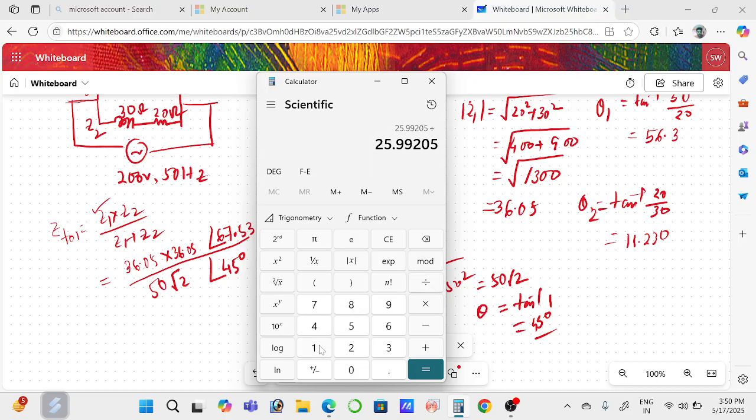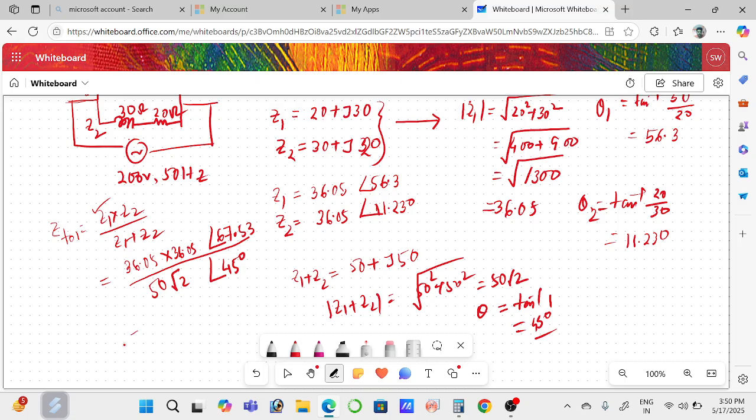Root 2 is 1.41. So what will we get? We will get 18.43. Okay. And these two angles, we need to subtract them. So total Z total comes around 18.43 magnitude, and the angle is simply 22.53.